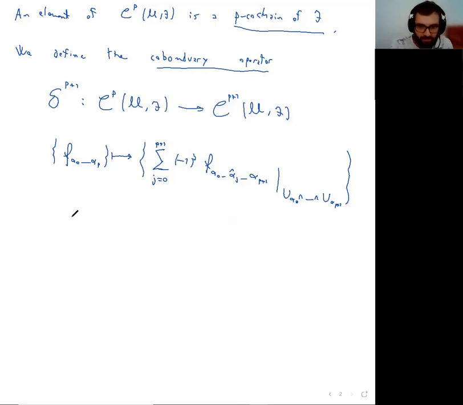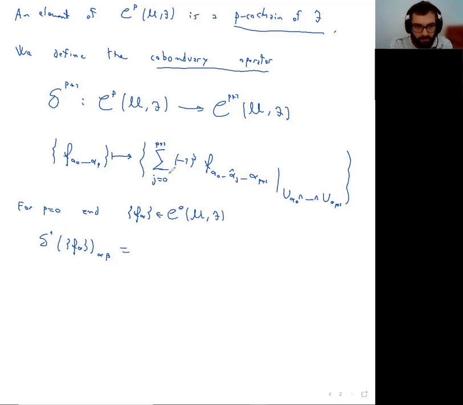So maybe let's just look at this for P equals 0, to have a better idea of what's going on. So we have an element of C0, and we want to apply the coboundary operator to it. What I want to look at is the alpha beta term of this.